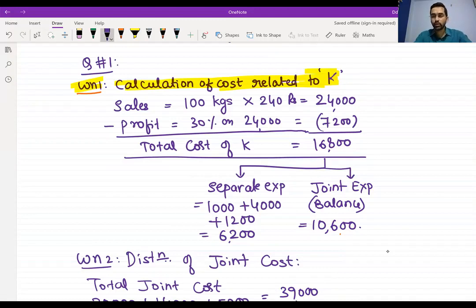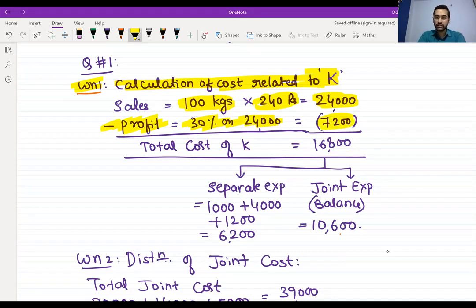How to find out cost related to K? Look at this. You have sales 100 kg, 240 rupees. This will make it 24,000 rupees. From sales, if you deduct profit, profit is given in the question, read the last line, it says 30% on sale value. 30% on 24,000 is 7,200.